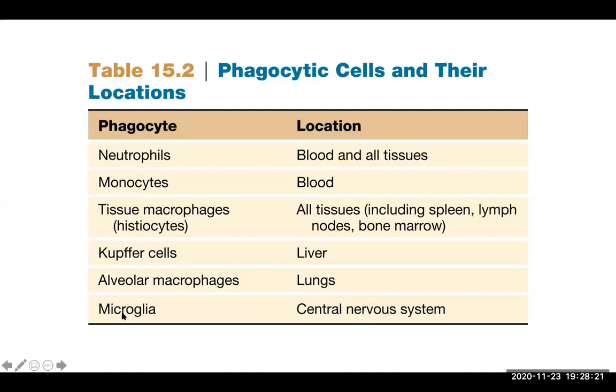So microglia, you can find those in the brain, which is pretty much the only immune cell that you find in the brain. We have to be very, very careful with the central nervous system. The lungs are constantly being exposed to air, all sorts of junk in the air. And so we have alveolar macrophages, which are like vacuum cleaners for the lungs.